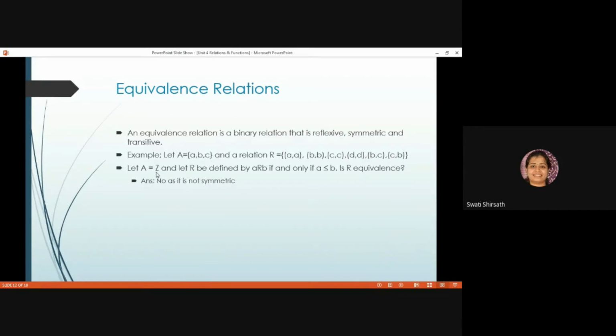The whole set of integers you have to consider, and the relation given is not in the form of a set. The definition of the relation given over here is a is less than or equal to b. So any two numbers you choose from the set of integers, suppose 0 and 1, 0 is less than or equal to 1.